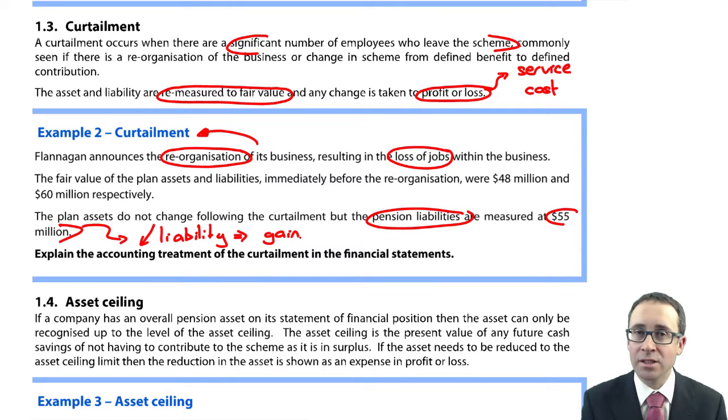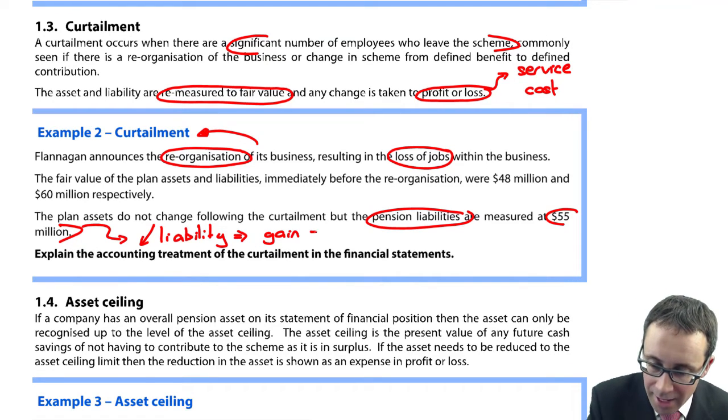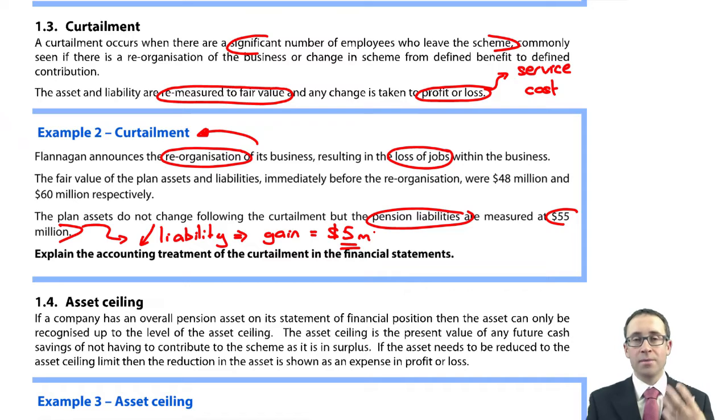So normally the liabilities go up, but in this example, the liabilities have gone down. And if liabilities have gone down, you have a gain, and that gain is equal to the difference of $5 million. That gain goes immediately to profit or loss. Quite nice, isn't it? A nice big gain of $5 million as part of the reorganization.